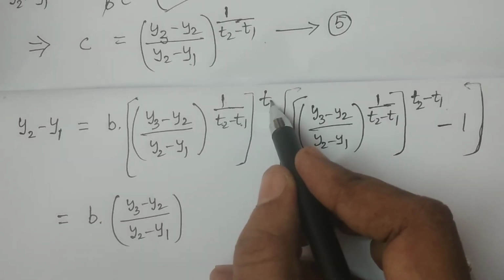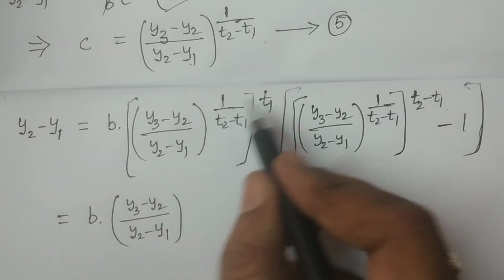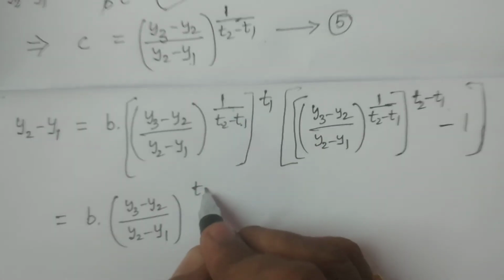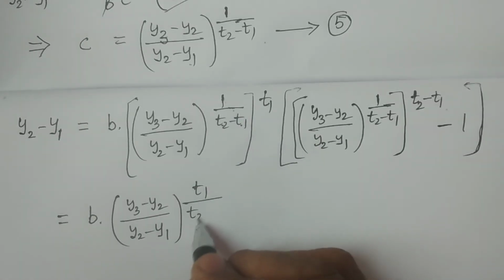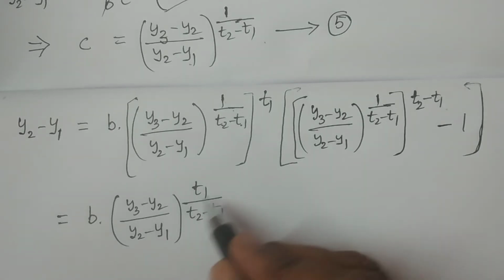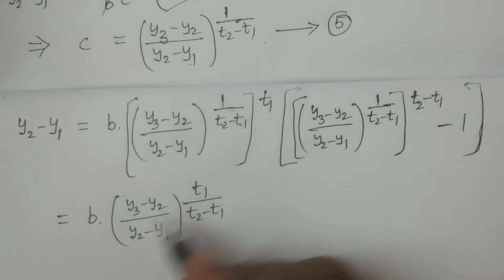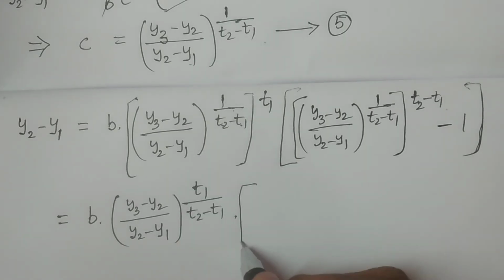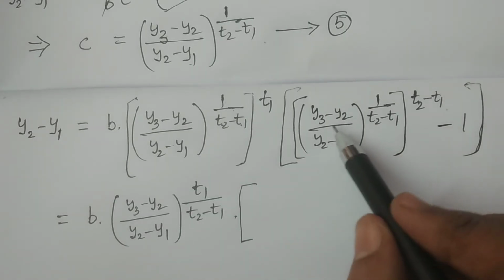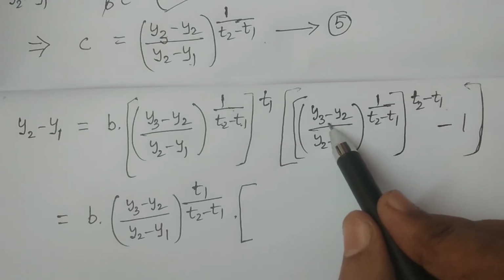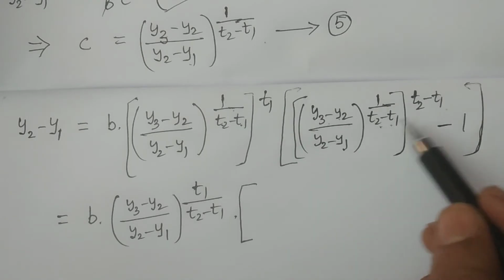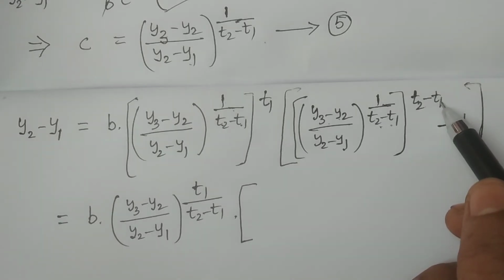Hence it is x whole power m whole power n, m into n, that is t1 divided by t2 minus t1, and the power of this in the power of y3 minus y2 by y2 minus y1, multiplied by y3 minus y2 by y2 minus y1 whole power 1 by t2 minus t1 whole power t2 minus t1.